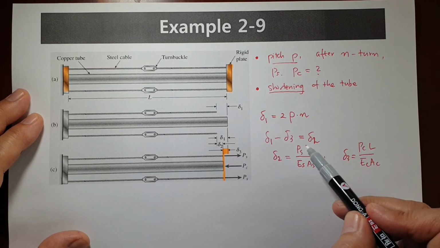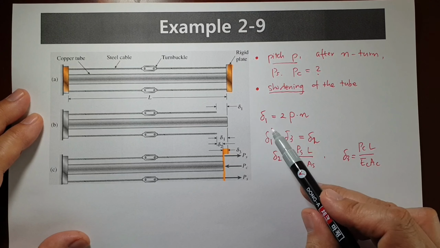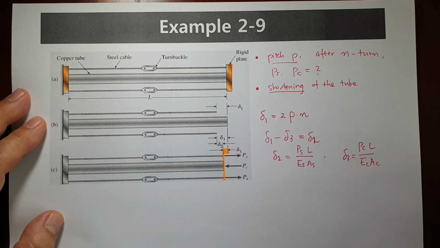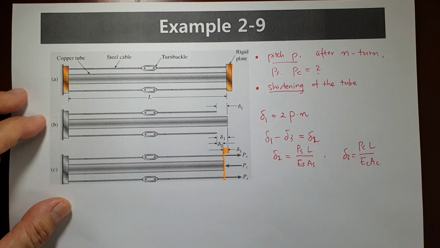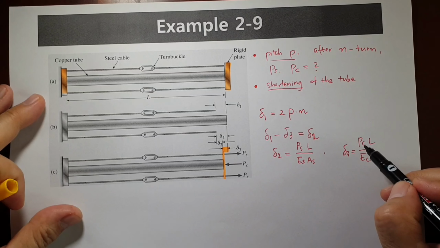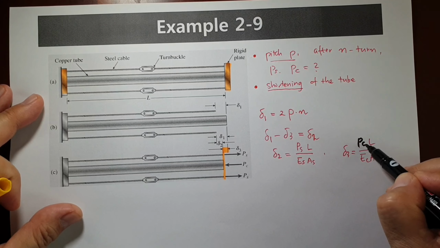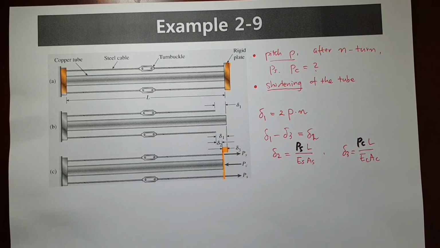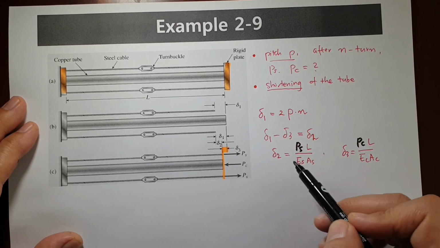And we derived the geometrical compatibility, and we have this kind of relationship. Finally, when you calculate this, we can find PC and PS. And the final shortening we would like to know is delta 3.